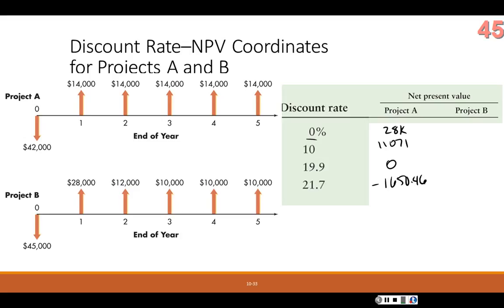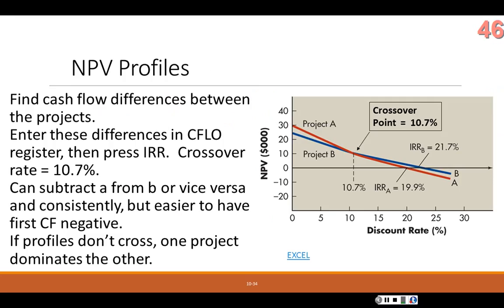So you can do the same thing for project B. You'll get 25,000, 10,924, 1,375, and 0. Then you graph these.